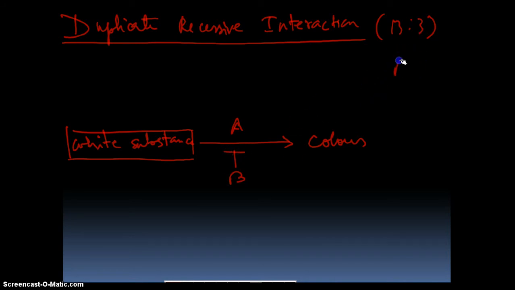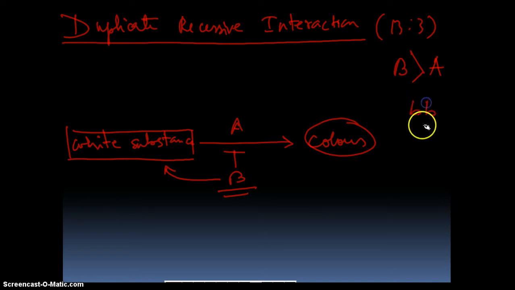If B is dominant over A, then this dominant B will prevent the production of color, and most of the flowers will be white due to this B gene. Only those flowers carrying the small b genotype will produce the color, and along with that, one functional allele has to remain present.